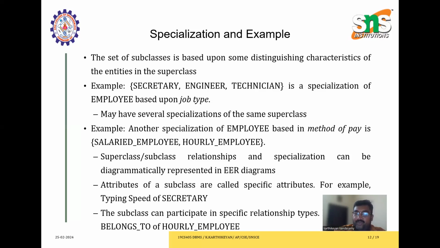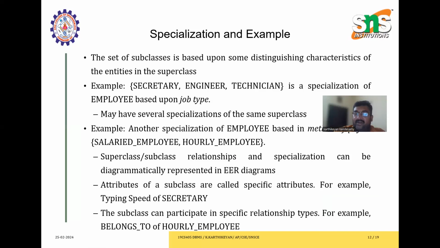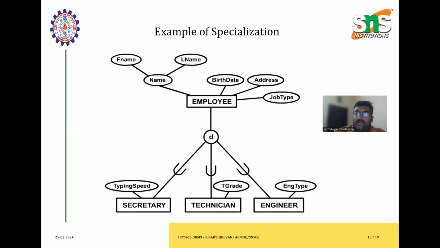A subclass can have specific attributes, for example typing speed of secretary, and can participate in specific relationship types, for example belonging to the hourly basis. This is employee specialization based on first name, last name, birth date, address, job. This is specialization D, with secretary, technician and engineer.